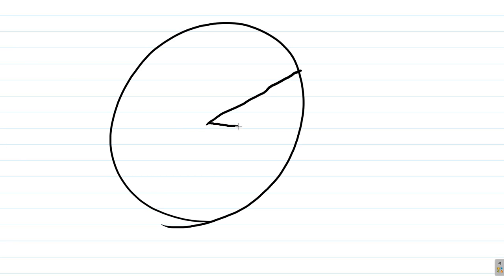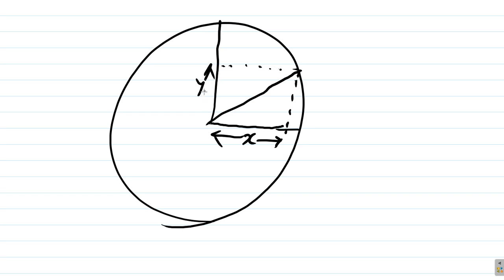It goes out here a certain distance. Let's call it x, and it comes up here a certain distance. We call that y. We know that this is theta.